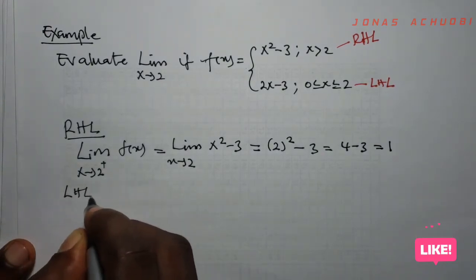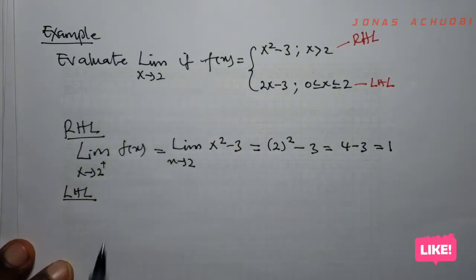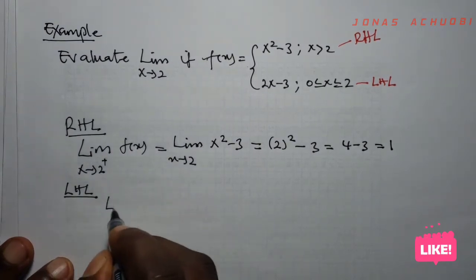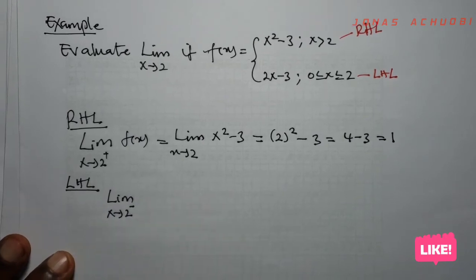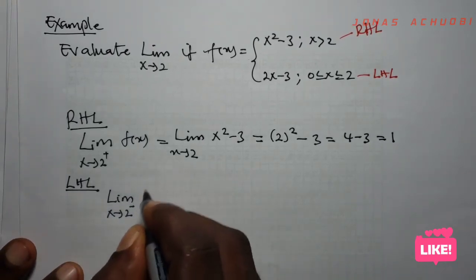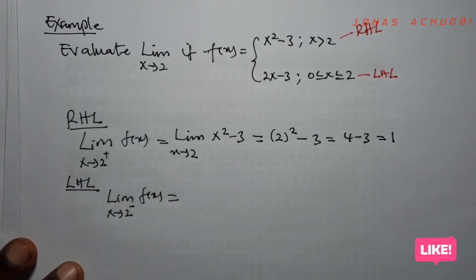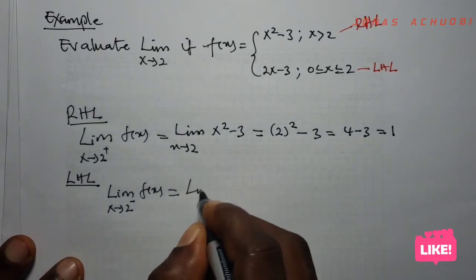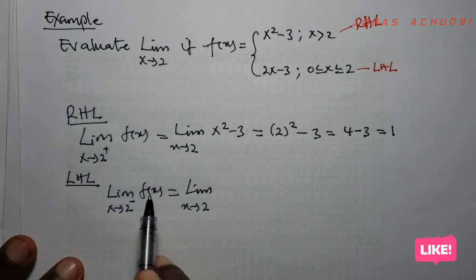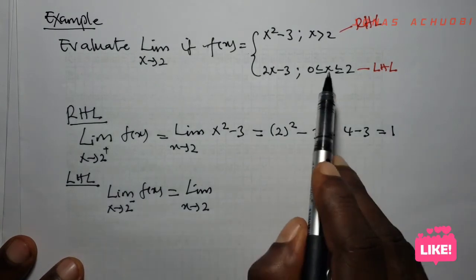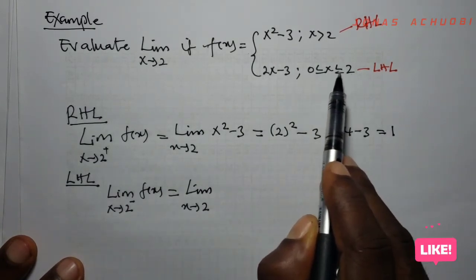For the left hand limit of this function f of x, we are trying to evaluate limit as x tends to 2 from the left side of the function f of x. On the left of 2, we say x less than or equal to 2.